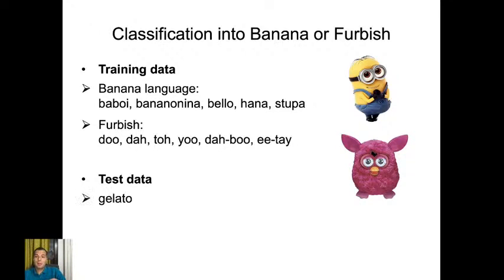Then we get a test example, and we try to figure out if this test example belongs to banana or Furbish. Usually in class, if I would do this in front of you physically, I would ask you to vote, but now I will not ask you to vote.